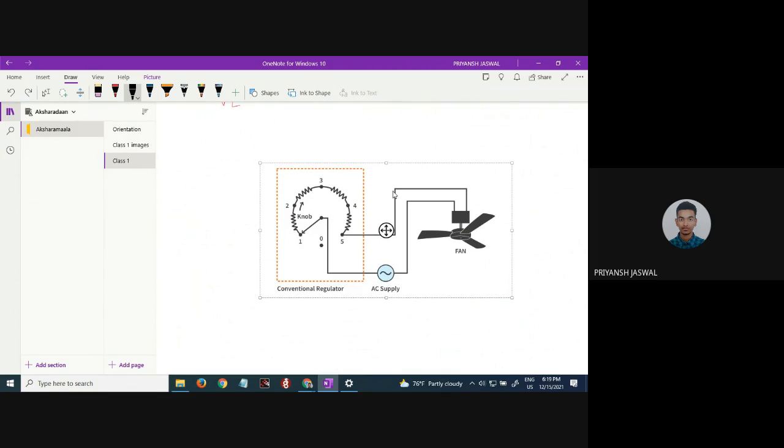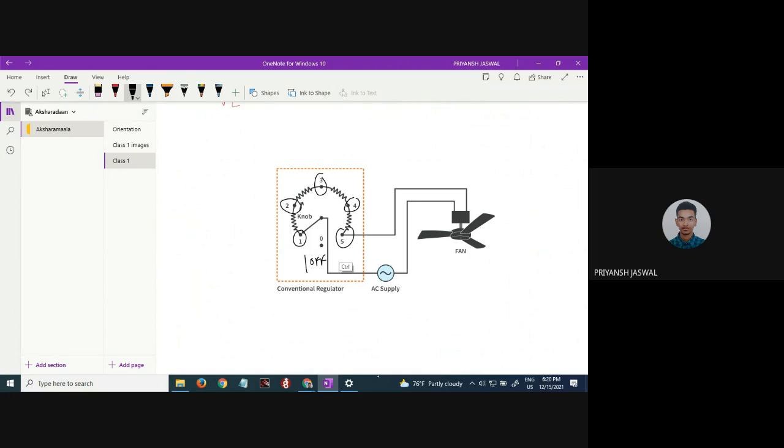So now here is this circuit of the electric fan, which is being powered by this AC supply, and there is a regulator. These numbers are the ones which are written on the regulator knob: 1, 2, 3, usually up to 5, and there is a 0 or it is off.